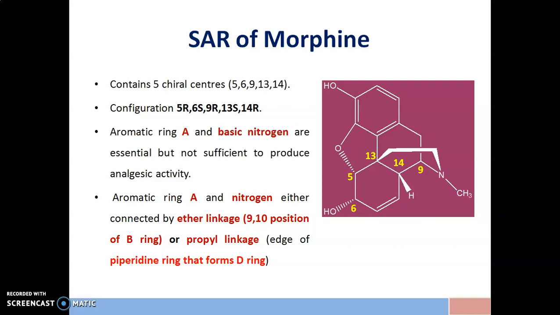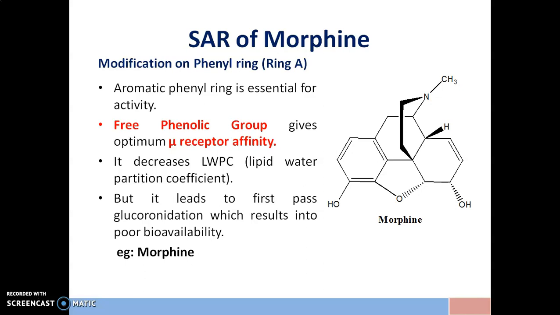Aromatic ring A and basic nitrogen are essential but not sufficient to produce analgesic activity. Aromatic ring A and nitrogen are connected by either an ether linkage at 9 and 10 position or by a propyl linkage, that is the edge of the piperidine ring which forms ring B.